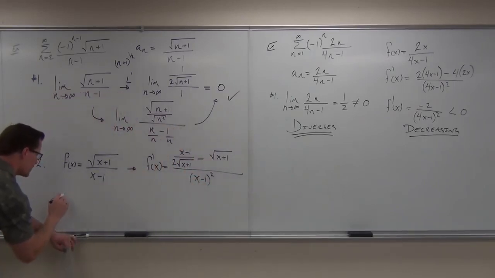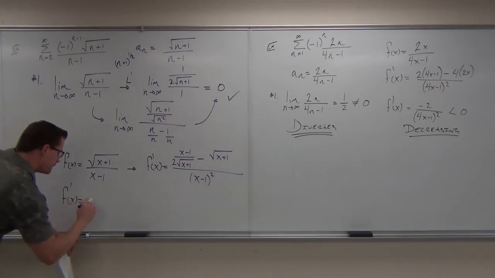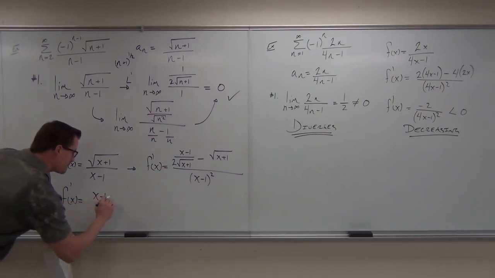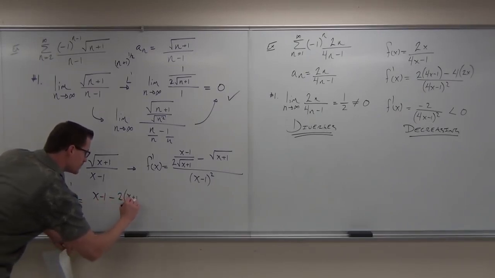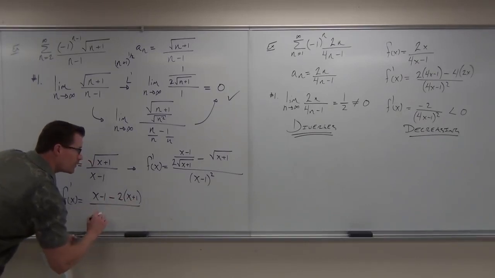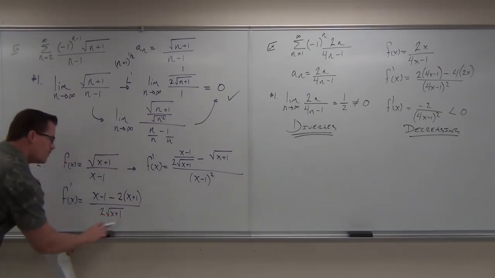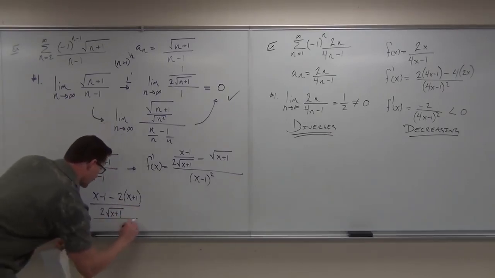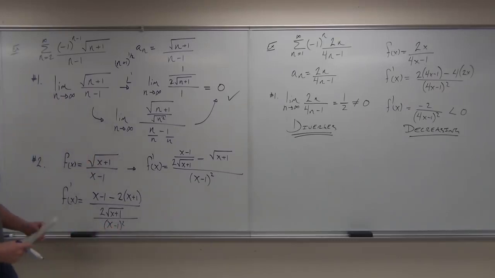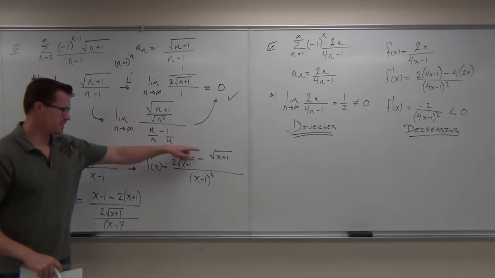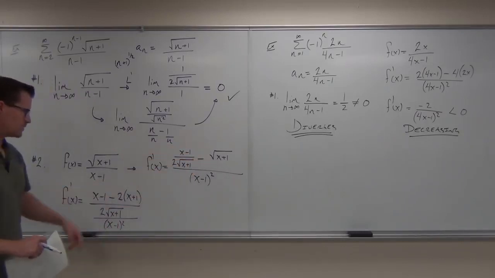So in our case, we get, let's see, x minus 1 minus 2 times x plus 1 all over 2 square root of x plus 1, over x minus 1 squared. At least I believe so. I'm kind of doing it quick in my head, but you'd have to multiply by 2 root x plus 1 over 2 root x plus 1. And that would give you this.